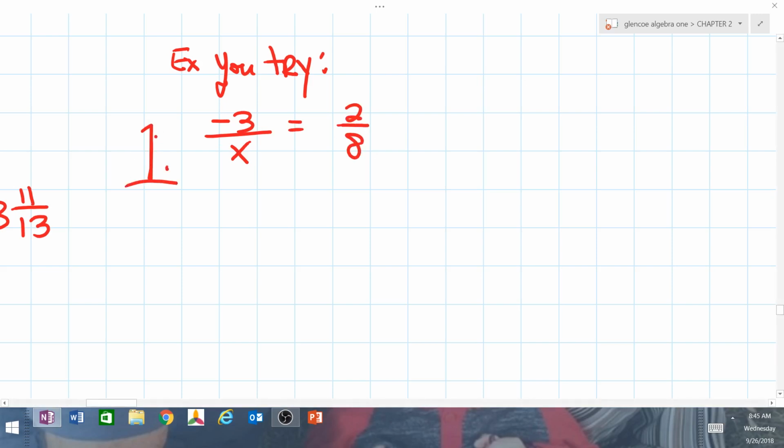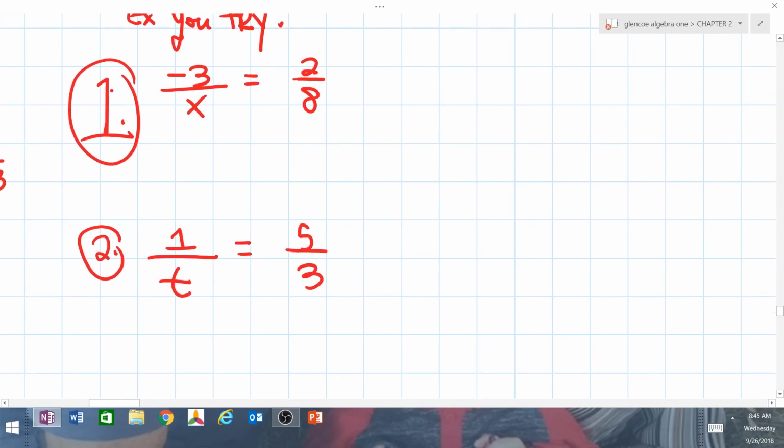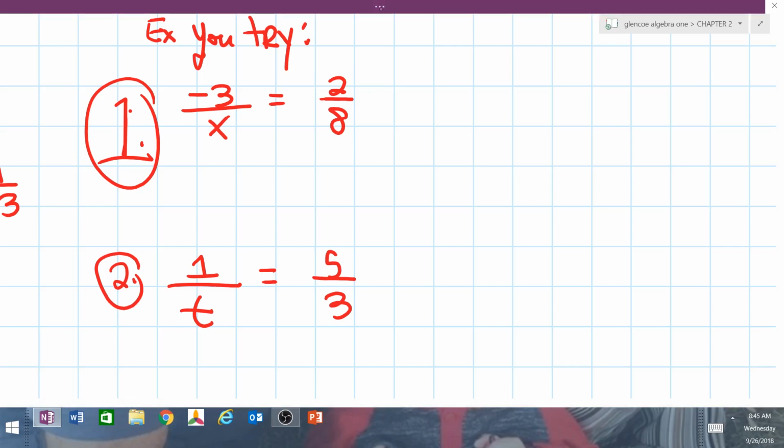That's a big number 1. And number 2: 1 over t equals 5 over 3. So while you do those two, I'll do them as well. I'm going to freeze the screen and I will work the problem out as you're working it. You may work these in your packet.